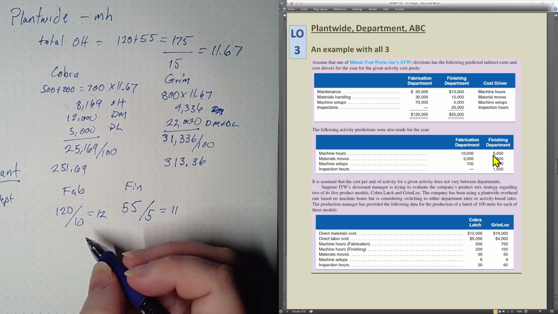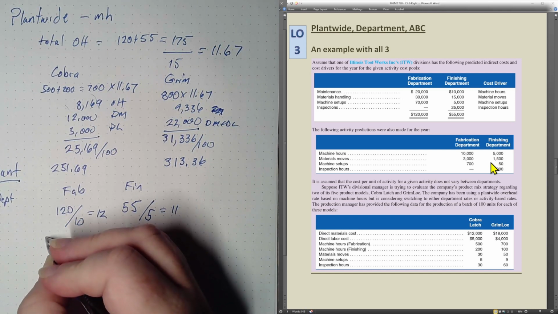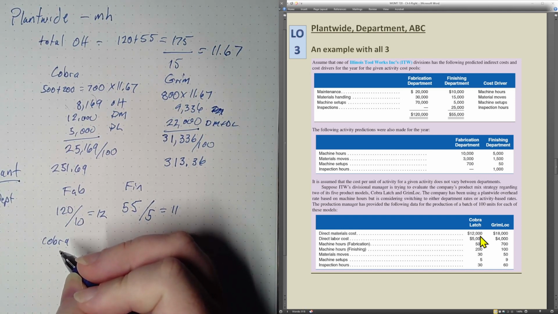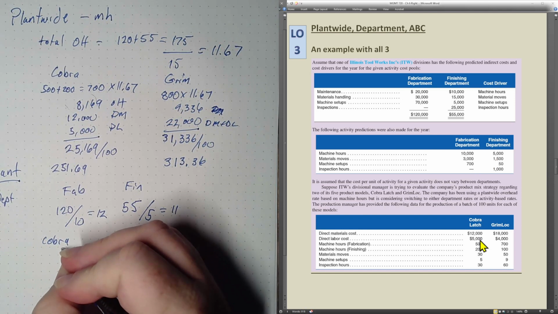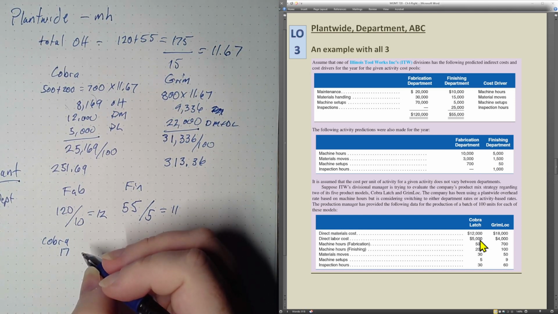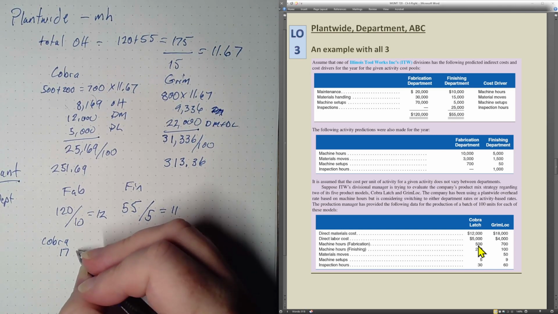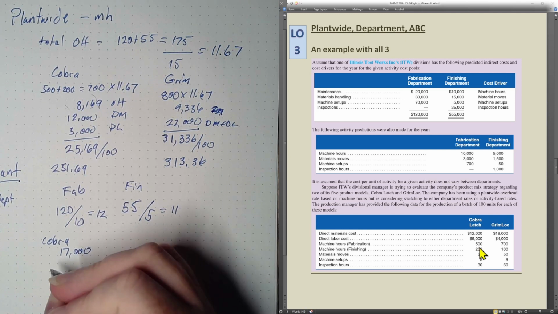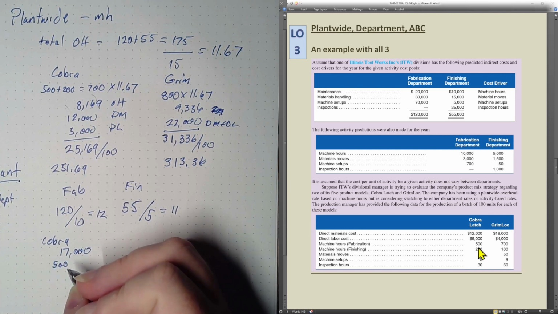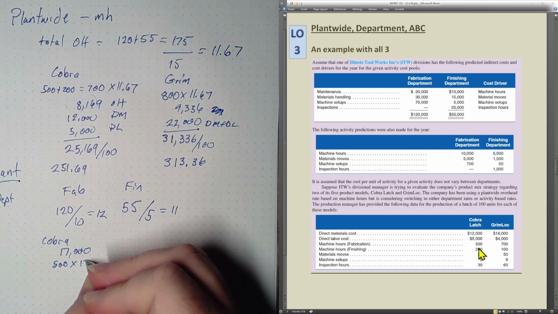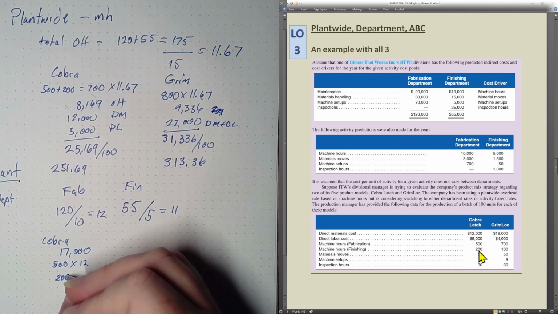So if we go ahead and figure this out, again, for Cobra we're going to be doing the 12,000 plus 5,000, so the 17,000 of direct materials and direct labor plus, now notice here, the machine hours in fabrication is 500. So 17,000 plus 500 hours in fabrication at a rate of 12 and 200 at a rate of 11.